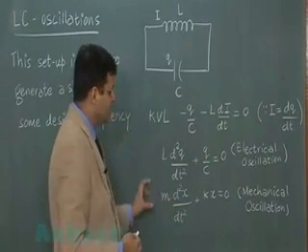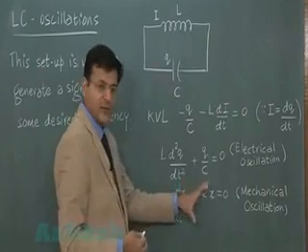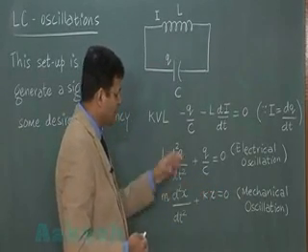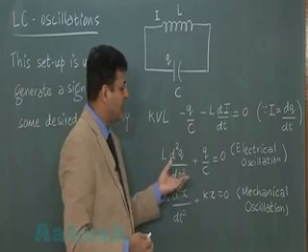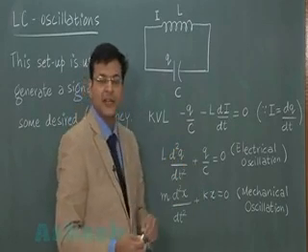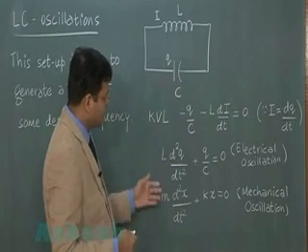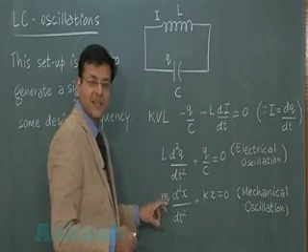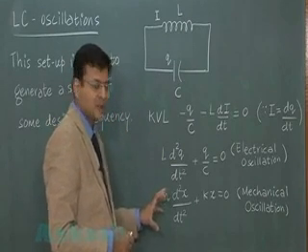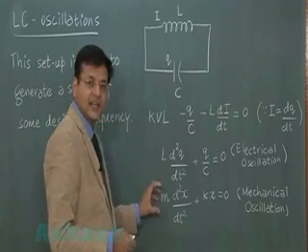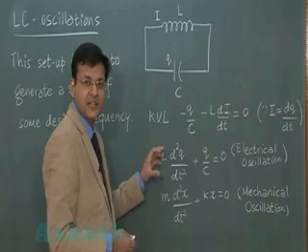In the sense that whatever kind of equation, say x is equal to a sin omega t, you got here, here also you can have the same kind of expression, charge involving a sine function or cos function. Some of the analogies you can see here: whatever role mass has to play in mechanical oscillation, the same role the inductor has to play. If mass is like inertia, then L is like electrical inertia.